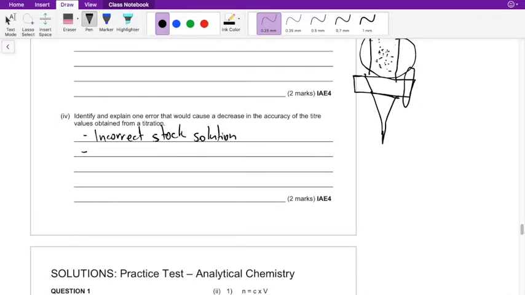Another one could be not weighing the correct mass when making a stock solution. Again, it's kind of like that. Just various systematic errors.